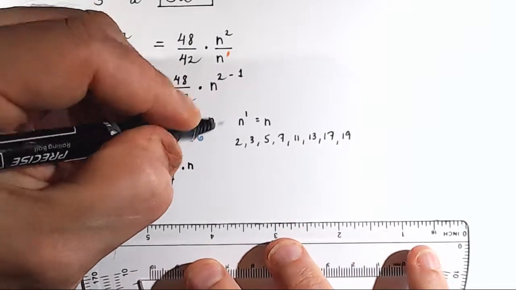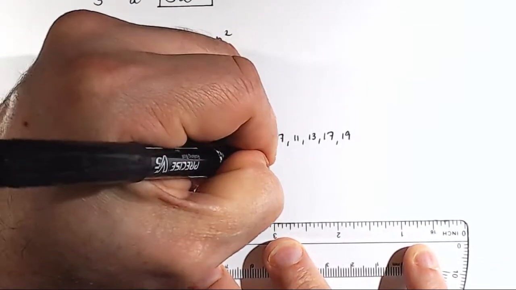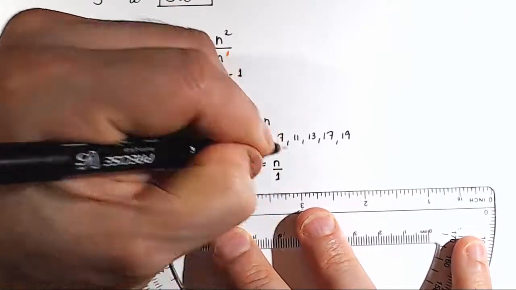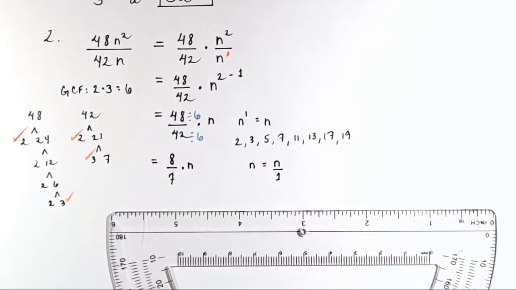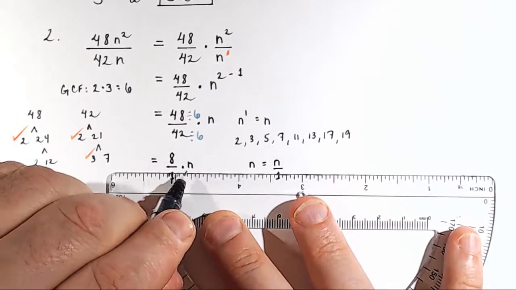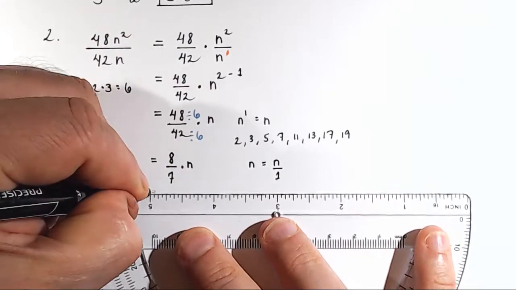So now we'll recombine. Remember, n can be written as n over 1. You can do that with any number or letter that's just by itself. So if n is really n over 1, I can multiply across the top and across the bottom. Let me make it super clear.